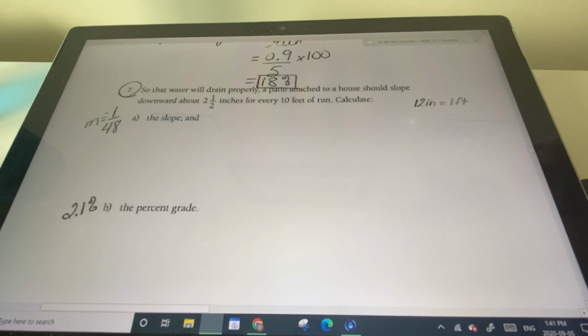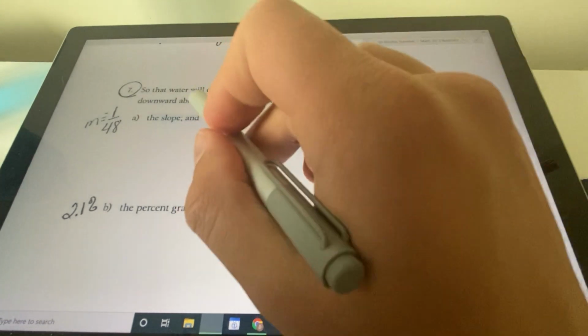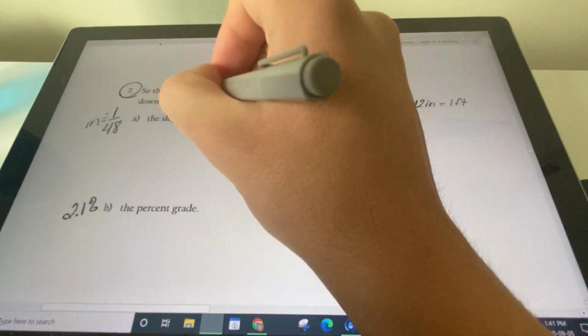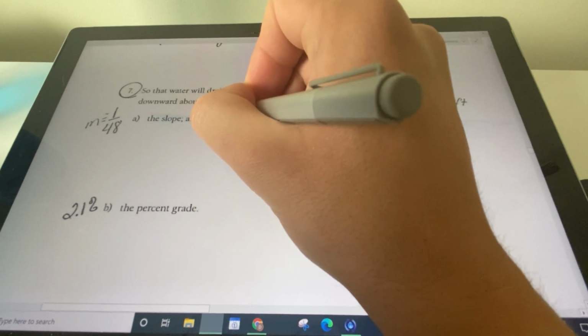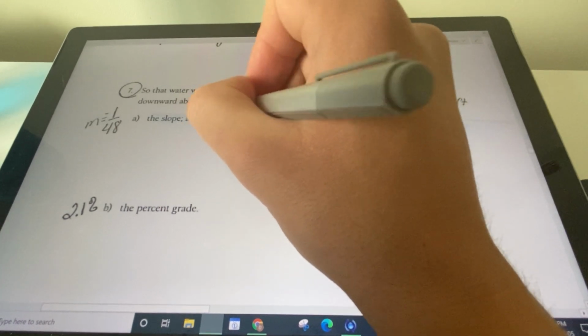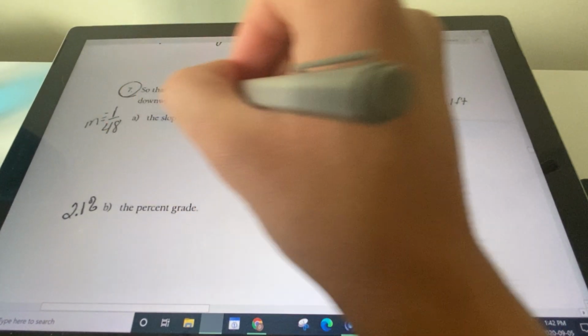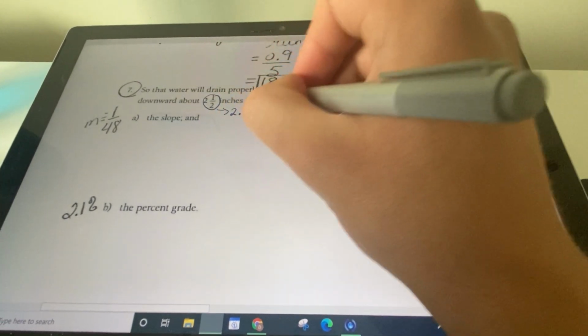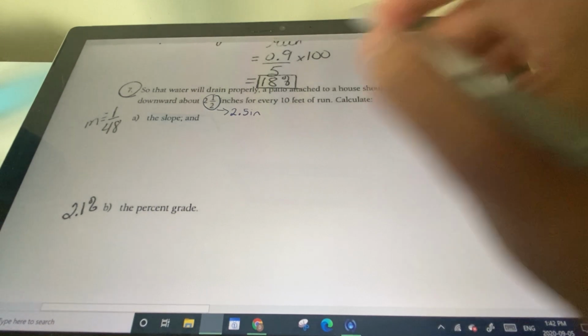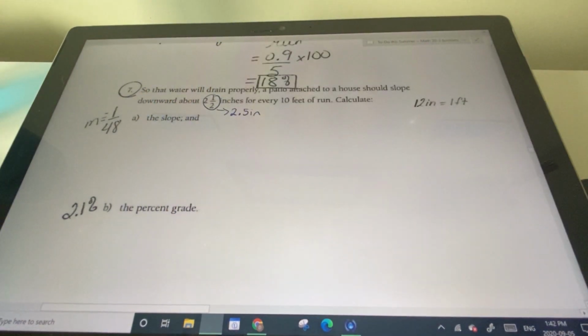So that water will drain properly, a patio attached to a house should slope downward about 2 and 1/2 inches for every 10 feet of run. Remember, how do we put this into decimal? Well, the 2 is before the decimal, and then 1/2 represents what's after. 1/2 is 0.5, so this is 2.5 inches for every 10 feet of run. Calculate the slope.